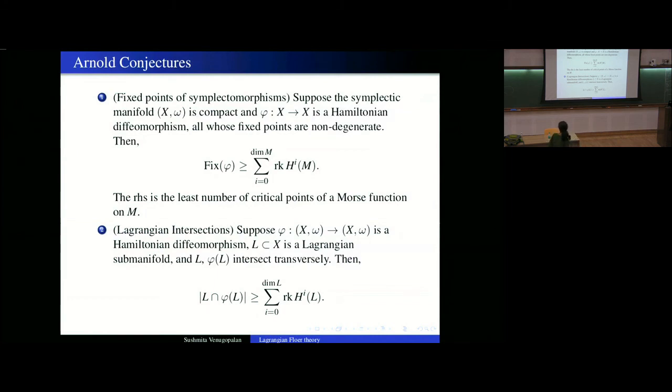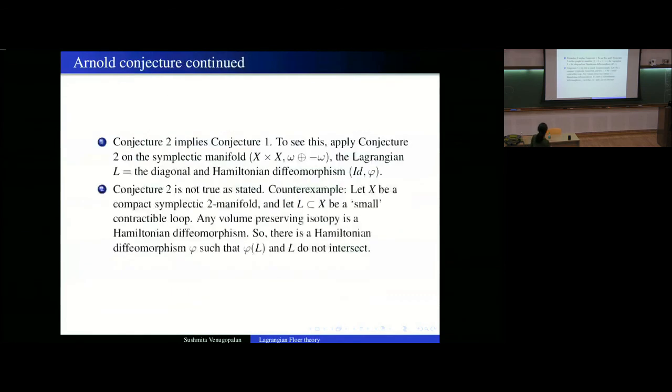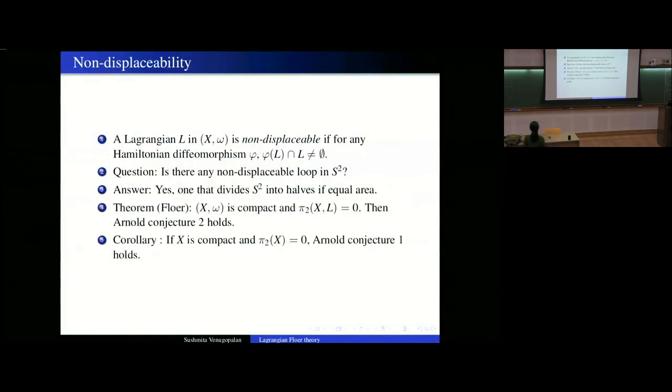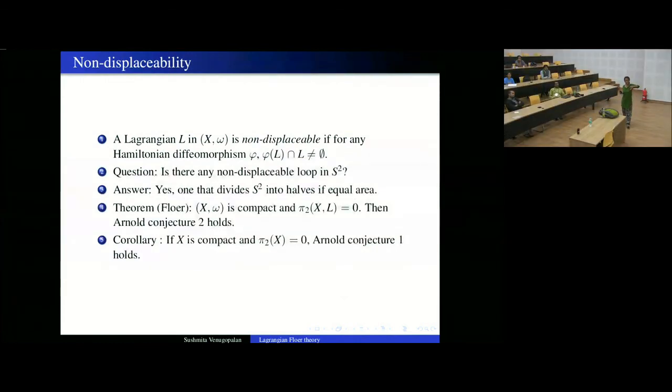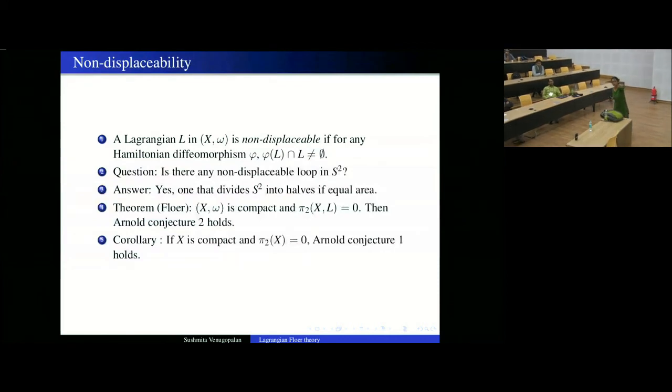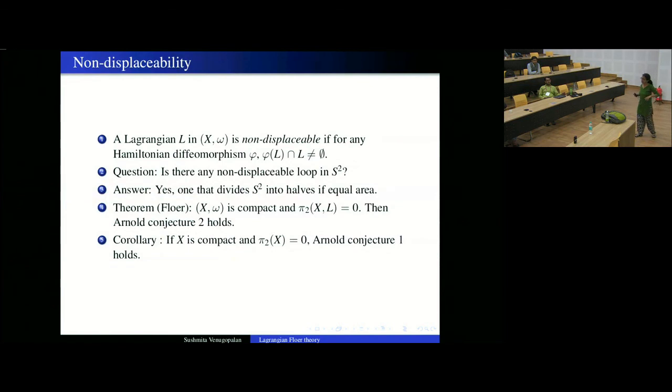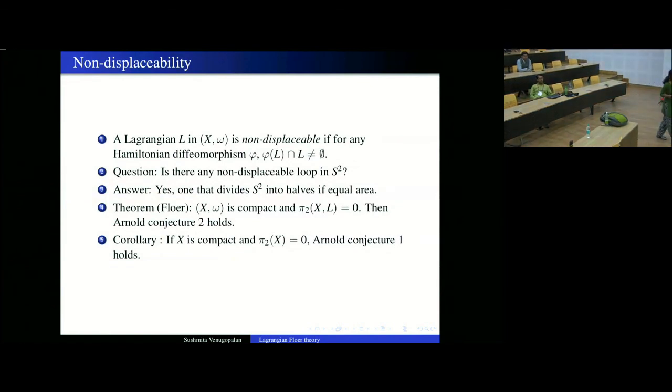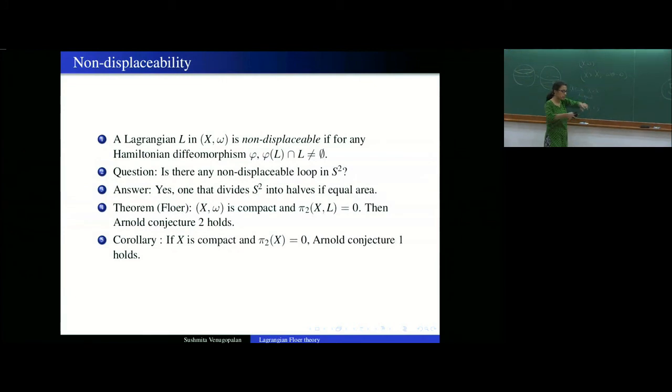Also, if I want to apply conjecture 2 in order to prove conjecture 1, then the hypothesis of the relative pi2 will translate to an absolute pi2. Because a relative pi2 in a disk in the diagonal consists of two disks, one in this X and another in that X, whose boundary would be the same. So it would be a sphere in X.